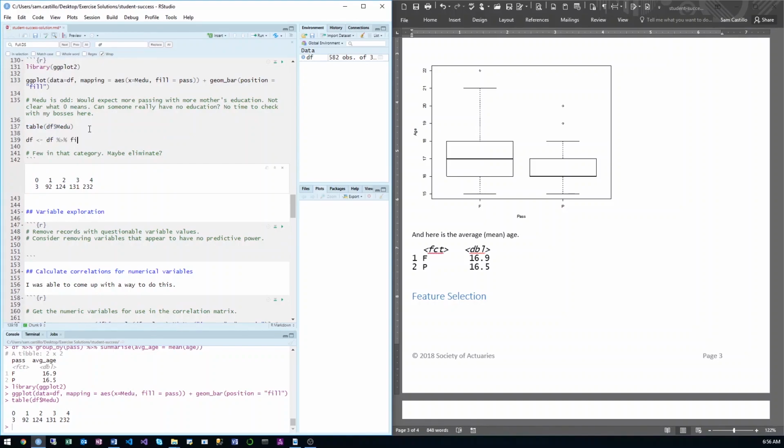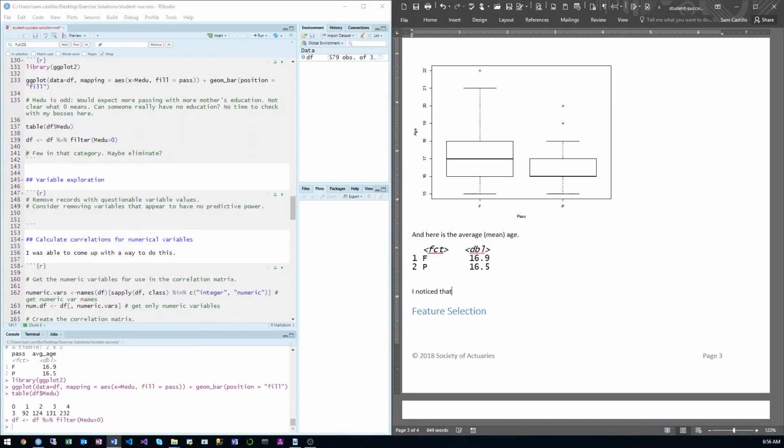DF filter MEDU is greater than 0. I noticed that there were 3 students whose mother's education was listed as 0 because this did not make sense given the data.